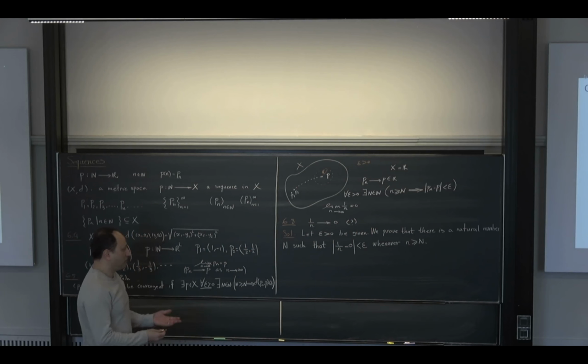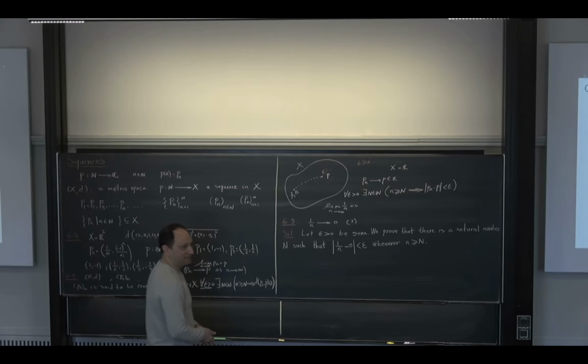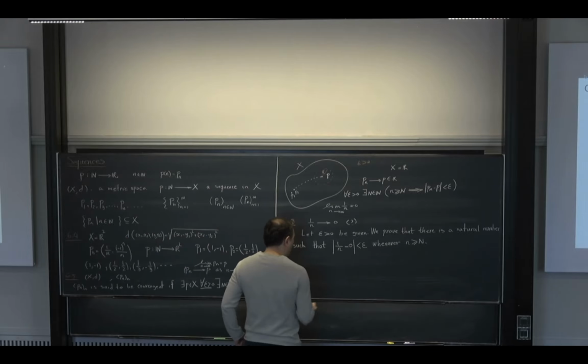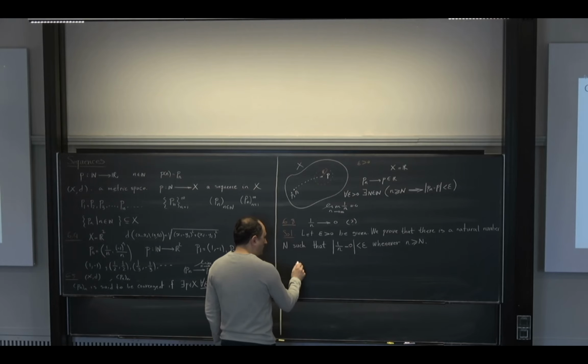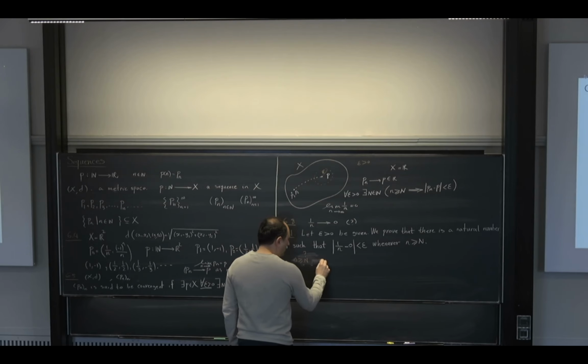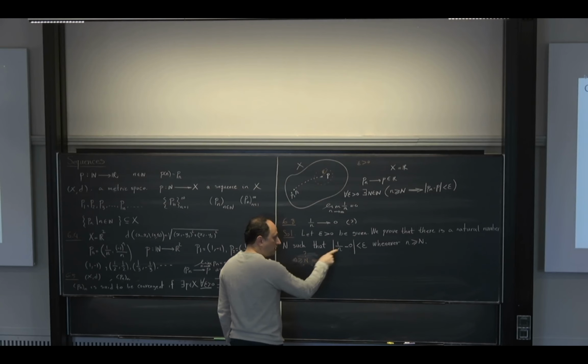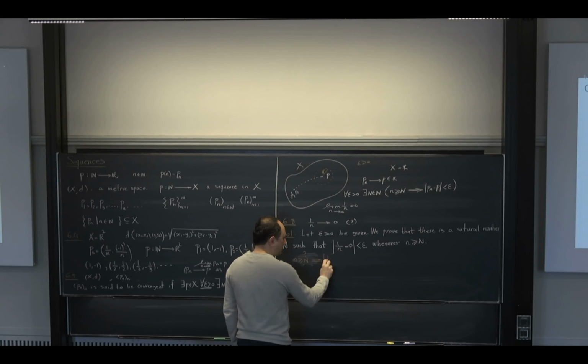Of course, this problem is so simple, it seems a little bit strange, but can you say why? Why can I always do that? So my advice for you is to write what we want to do. Let me write it with a different color. This is a scratch paper. You want to fine-tune this N, but this N should be natural, so that whenever this happens, this automatically happens.